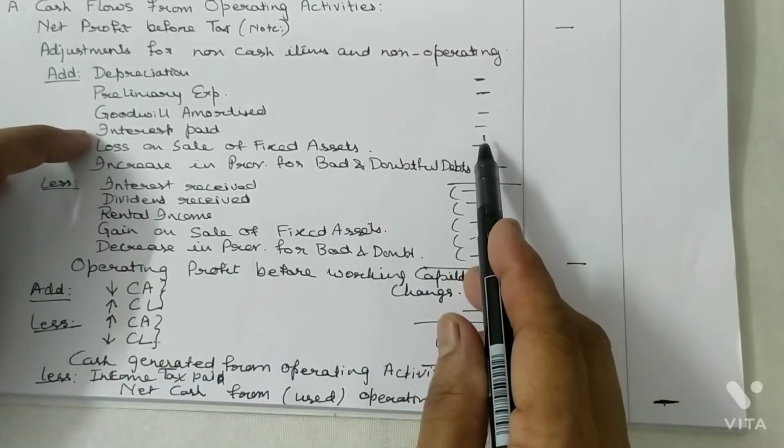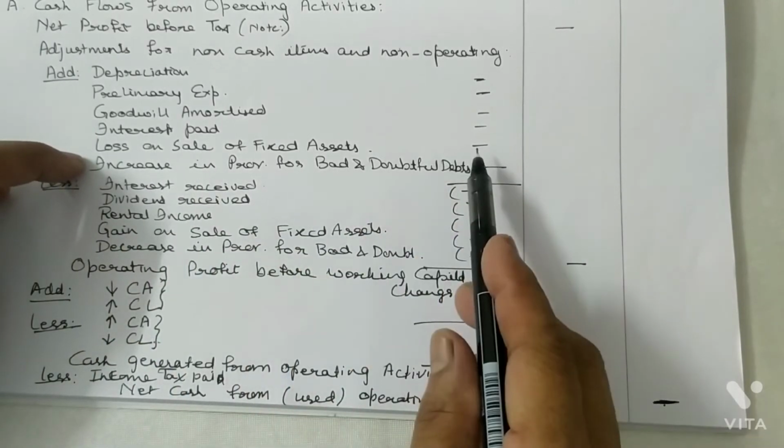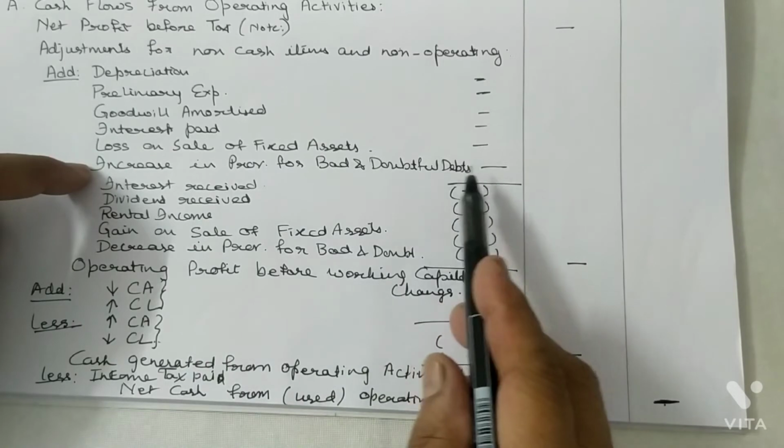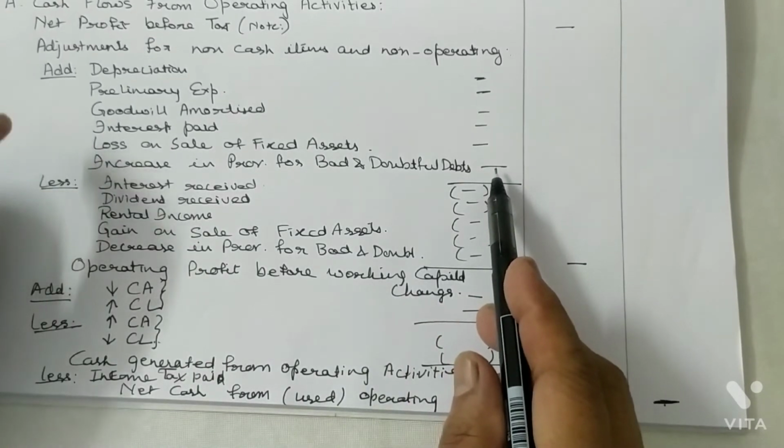Then interest paid, loss on sale of fixed assets, and then increase in provision for bad and doubtful debts.